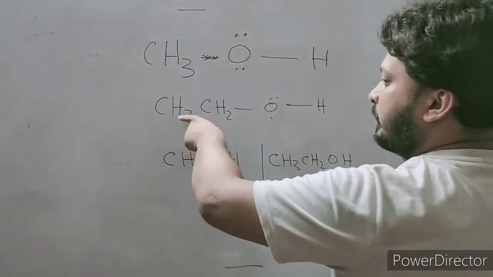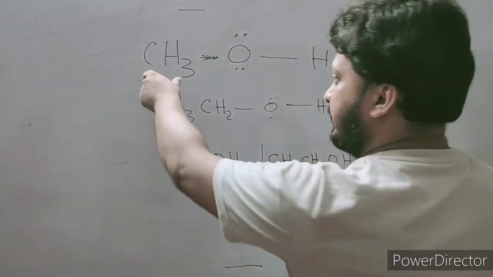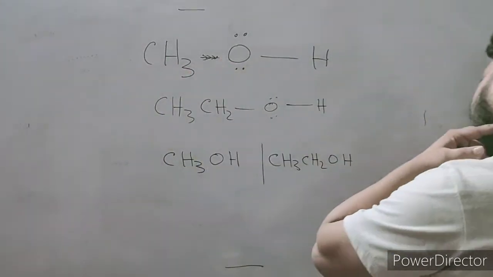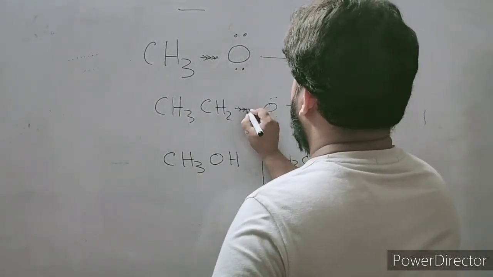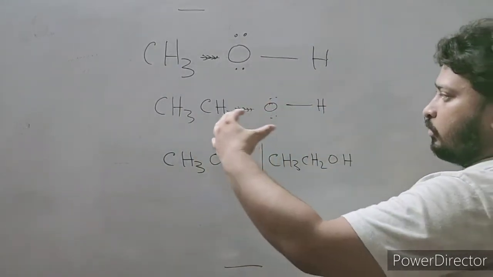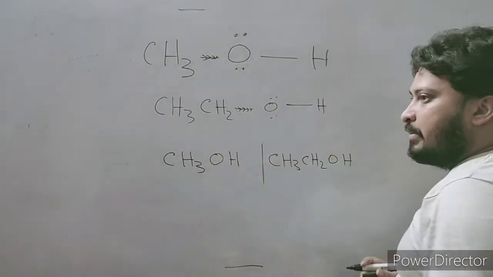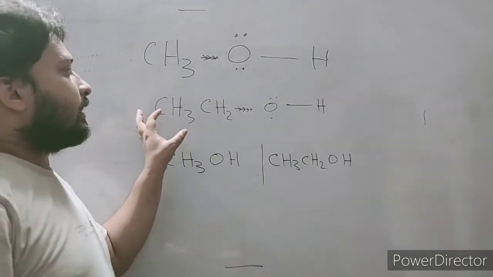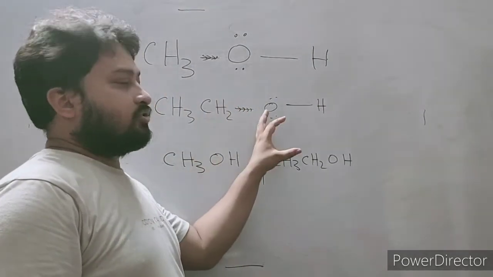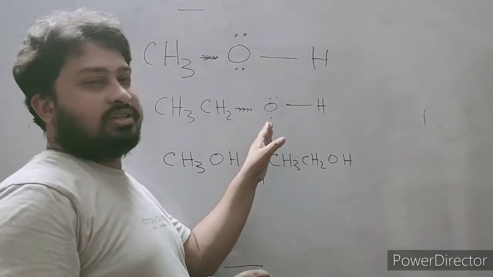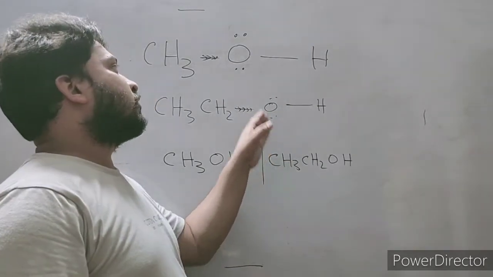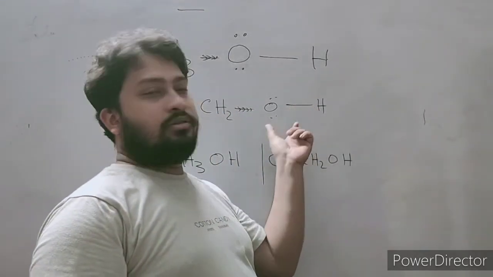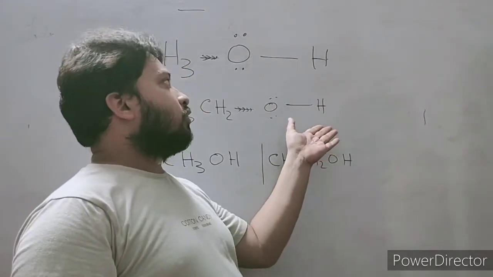So the capability to push the electron towards oxygen is more on ethyl. The electron density on oxygen increases more compared to the first one, so the bond between oxygen and hydrogen is stronger.